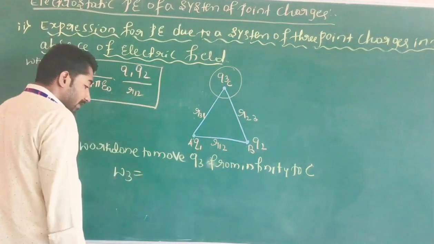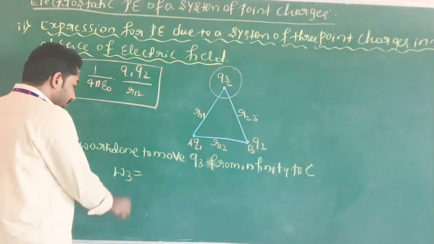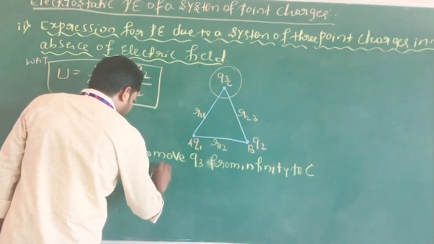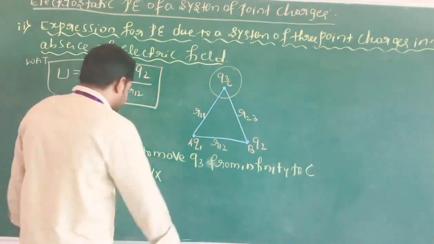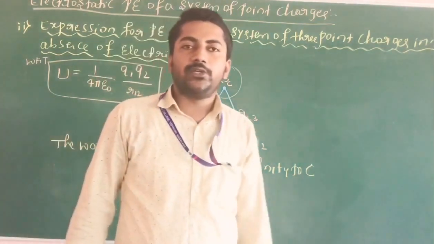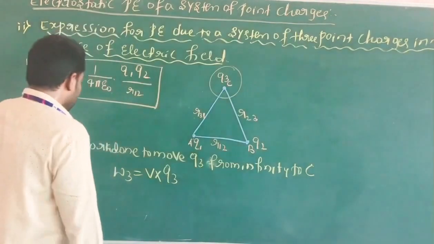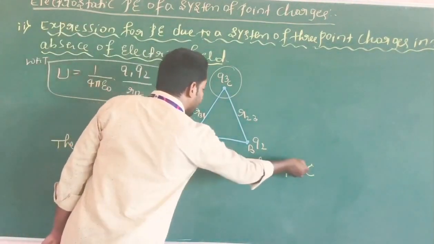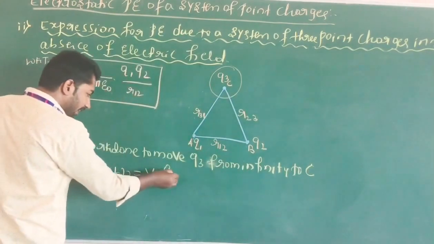How to calculate W3 here? W3 is equal to V into Q3. Here the work done to move Q3 from infinity to C, W3, is equal to V into Q3.